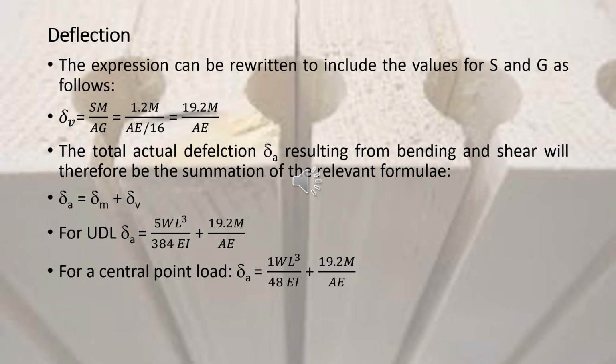Now you have to also bear in mind that capital W in the UDL formula is the UDL small w times capital L. For point loads, the deflection is WL cubed over 48EI plus 19.2M over AE. So from this refined formula, you're going to determine the actual deflection witnessed in members which are subject to either a UDL or a point load.